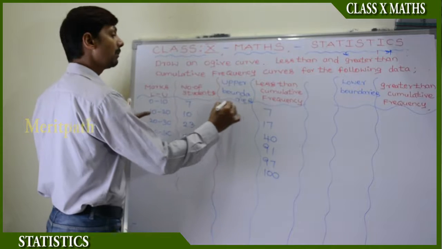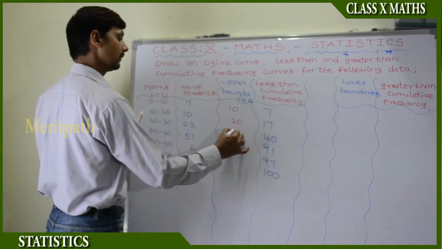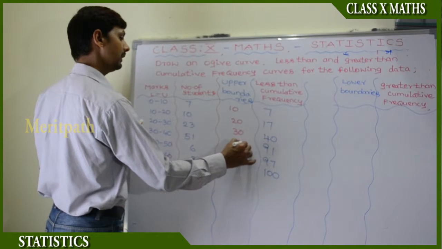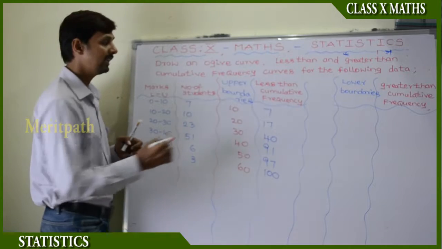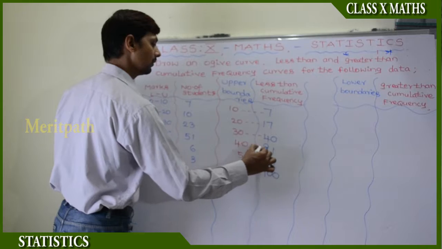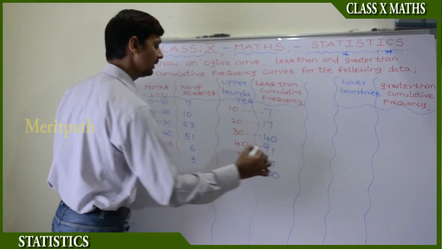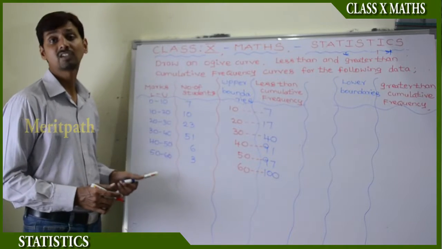We have taken 10, 20, 30, 40, 50, 60. These are the upper boundaries we got from the class intervals.